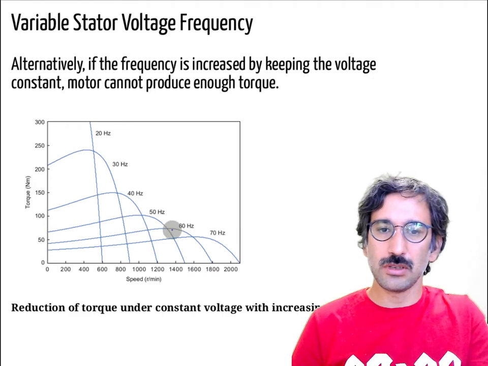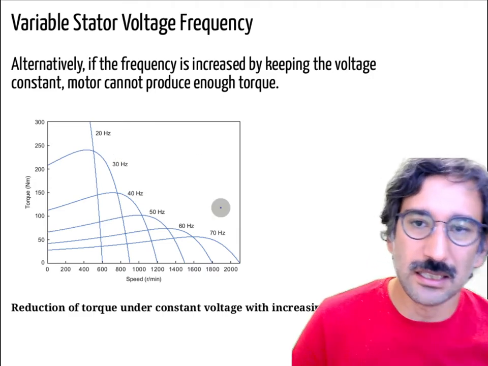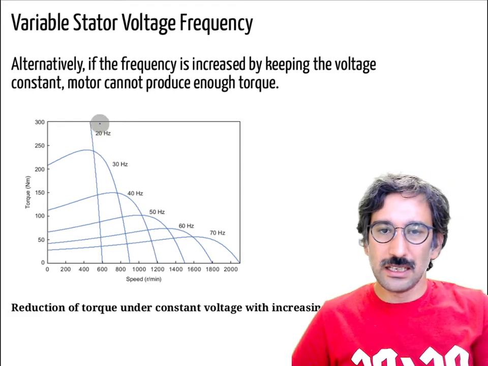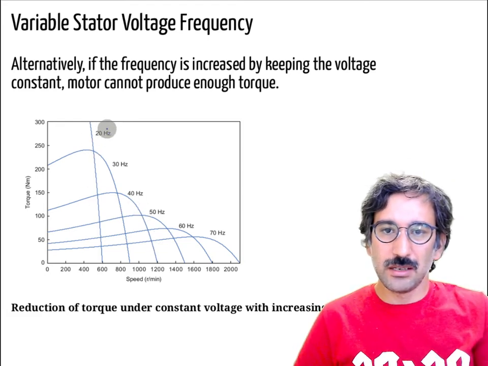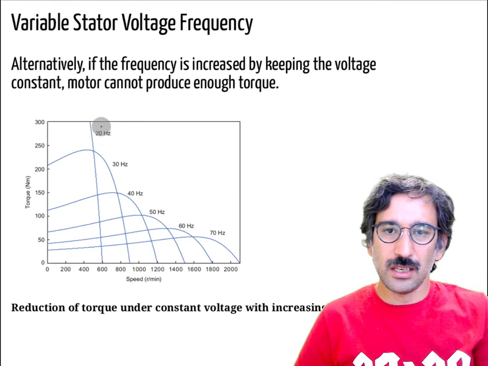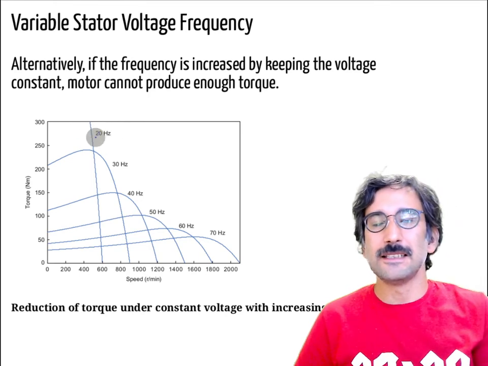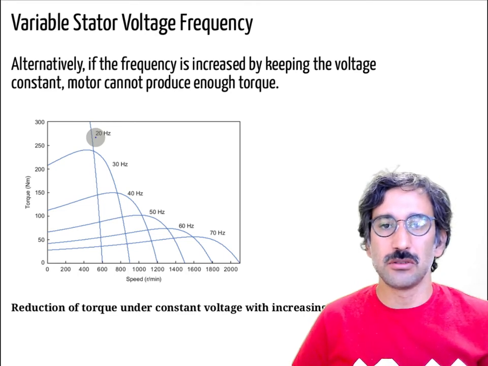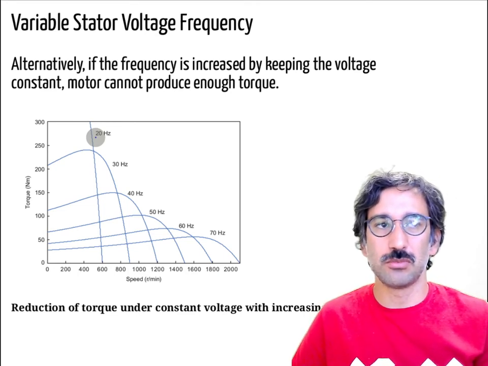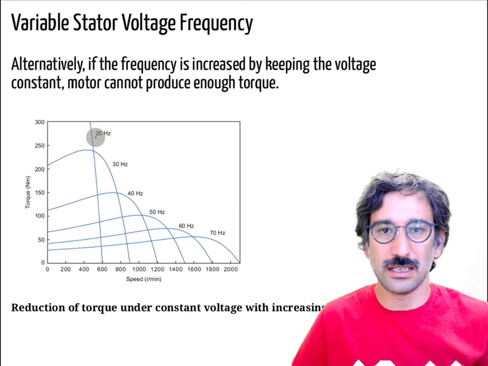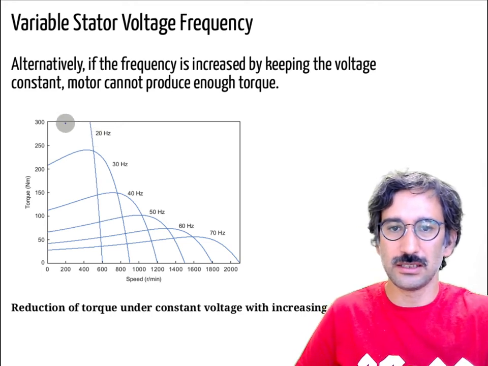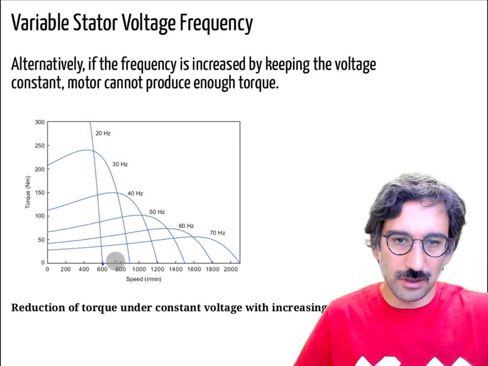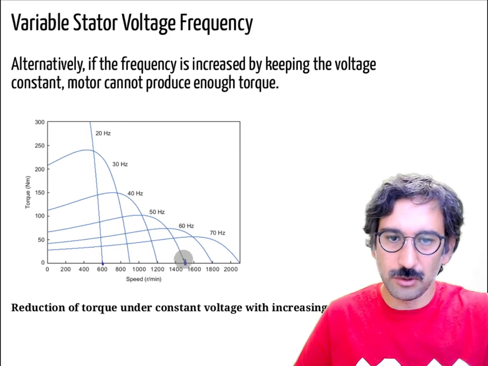Here you see an example. You apply some voltage at 20 hertz and then keep increasing the frequency, but you don't change the voltage proportionally. So the voltage is constant and the frequency is changing. I think this is a 4-pole machine.